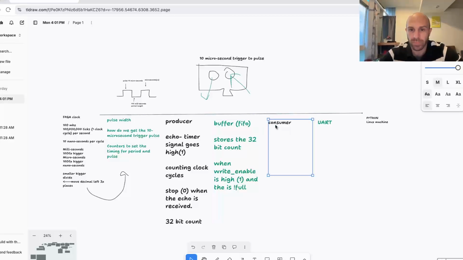Now we get to the consumer. This is where we're going to use our first FSM, state machine. The consumer is going to implement packet framing.